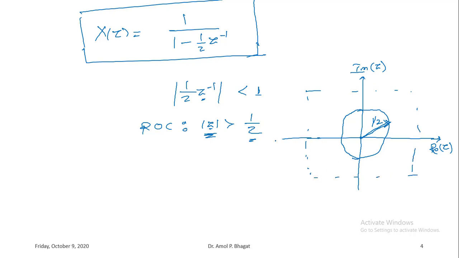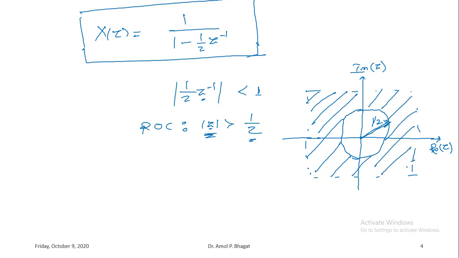But as the ROC is greater than 1 by 2, the ROC will be the exterior part of this circle, the circle with radius 1 by 2. So this is nothing but the ROC. This is how you will be plotting the ROC of the given transform.